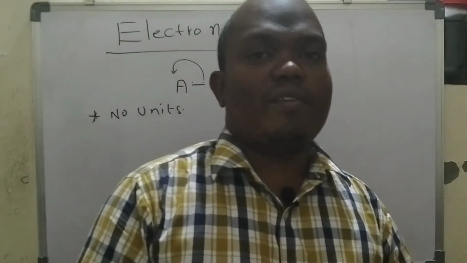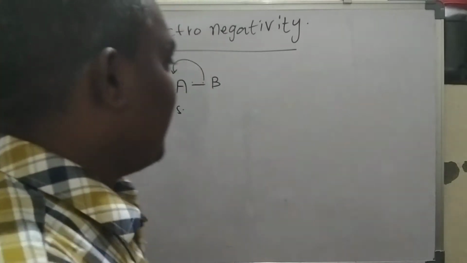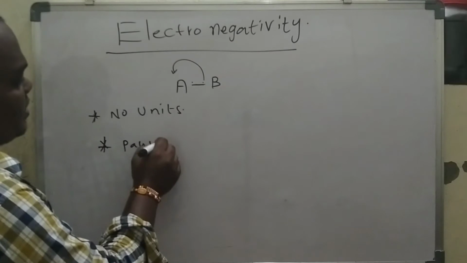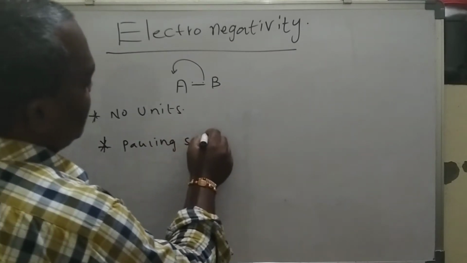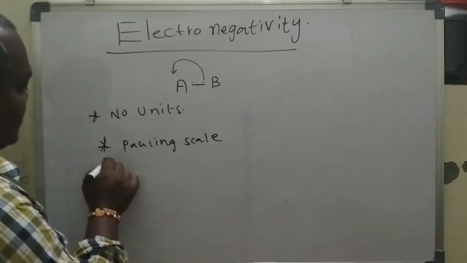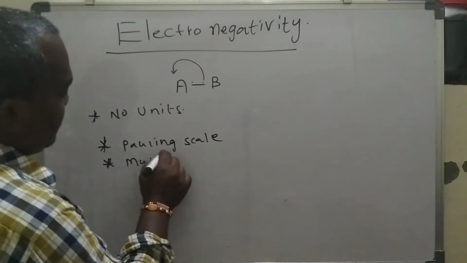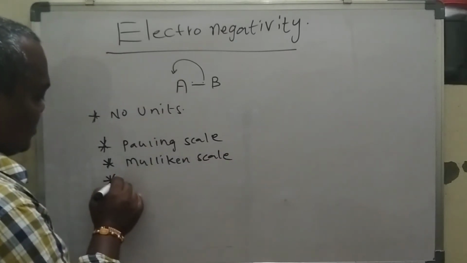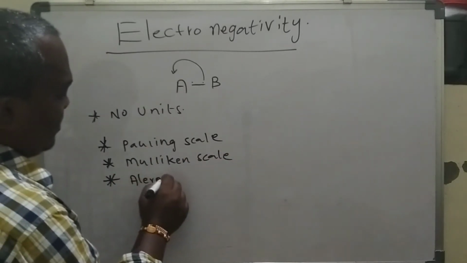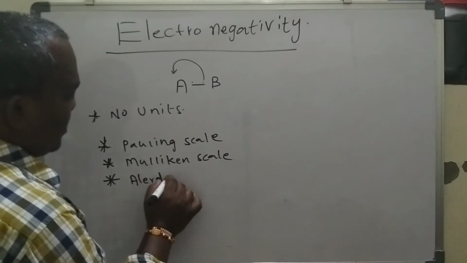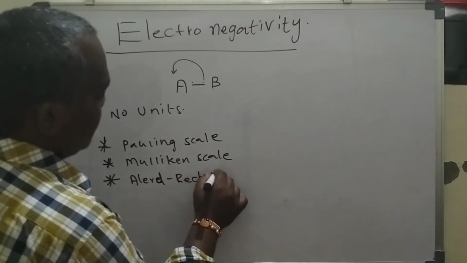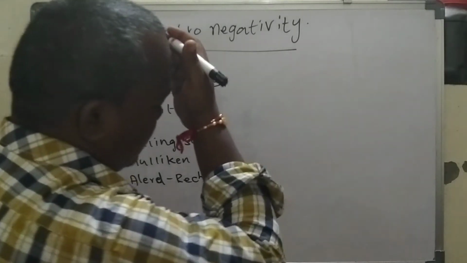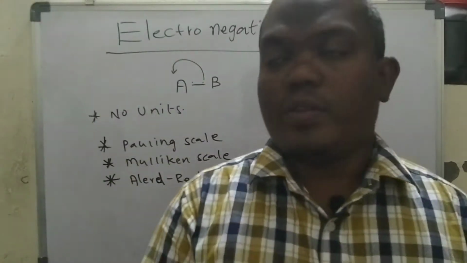Electronegativity does not have any units, but it is measured on three scales. One is the Pauling scale, the second one is the Mulliken scale, and the third one is the Allred-Rochow scale, or the Allred-Rochow approach, we can also say.